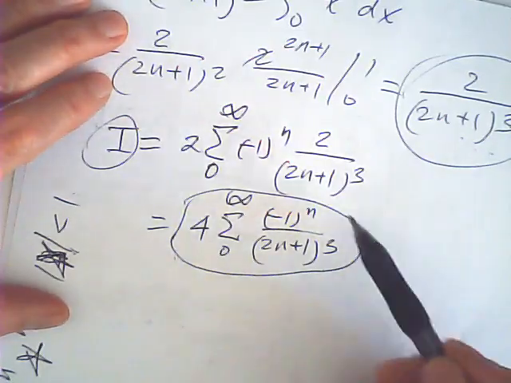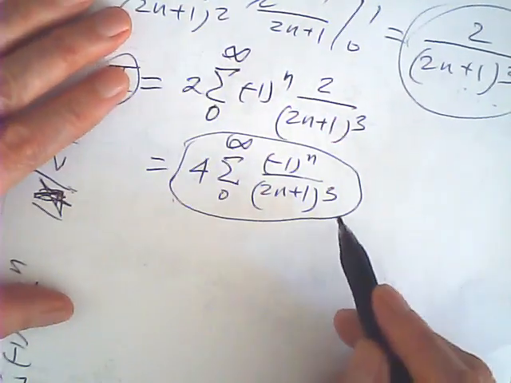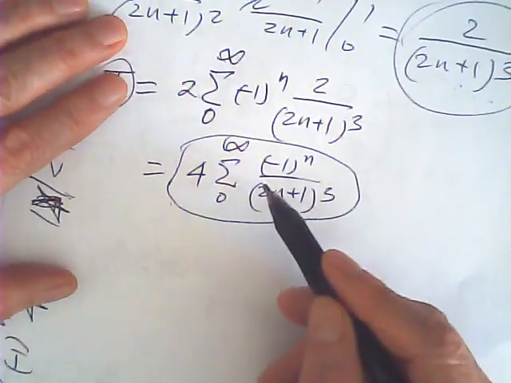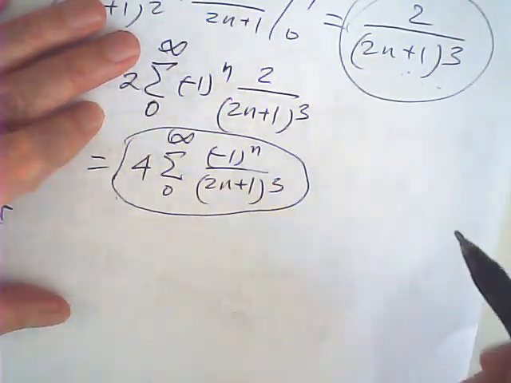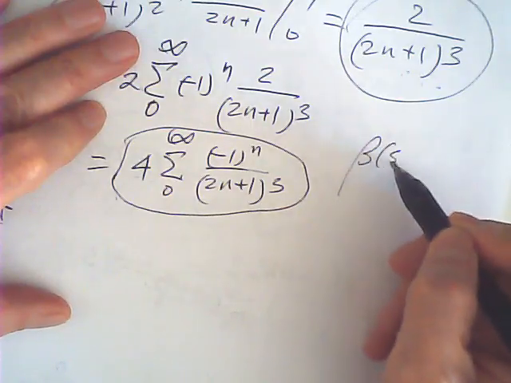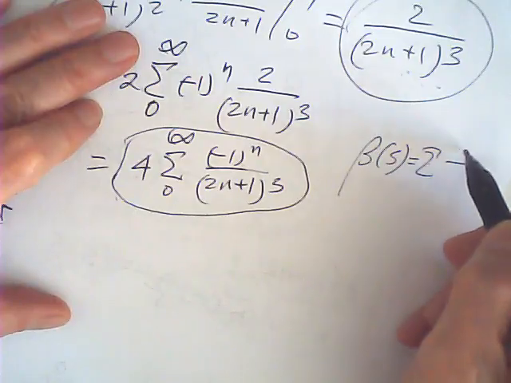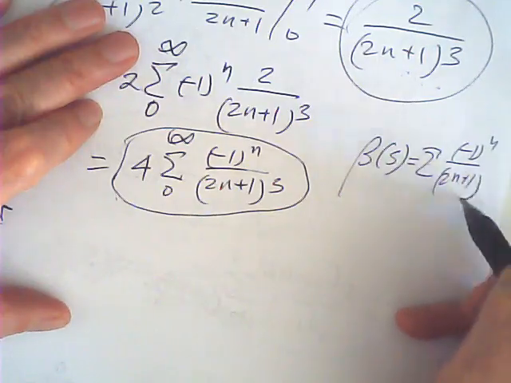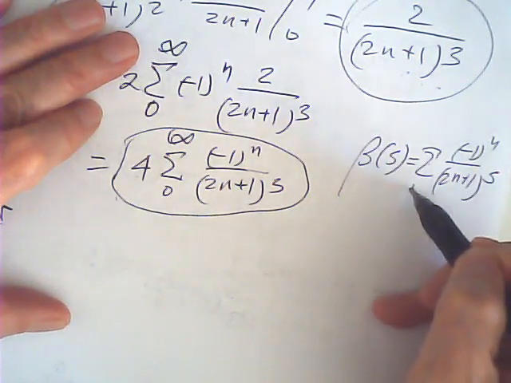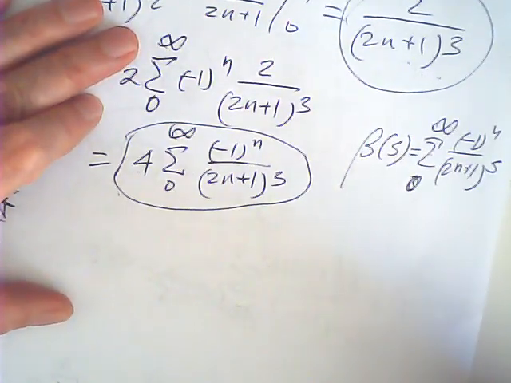Just a matter of the series value. Well, this one, according to Dirichlet, the Dirichlet beta function is equal to sigma, negative 1 to the n over 2n plus 1 to the power of s, from 0 to infinity.